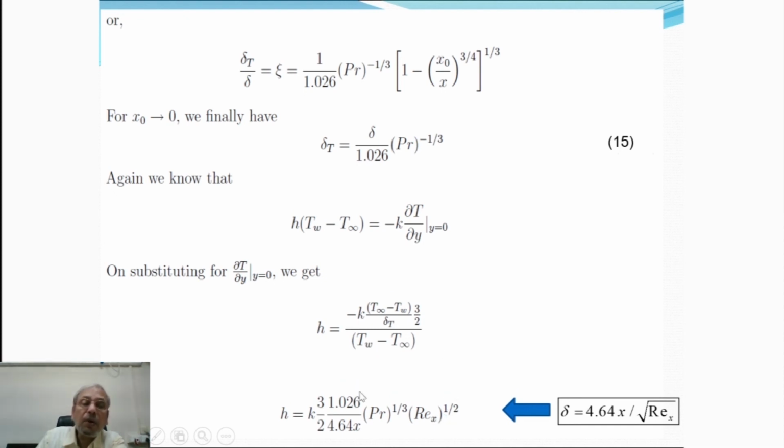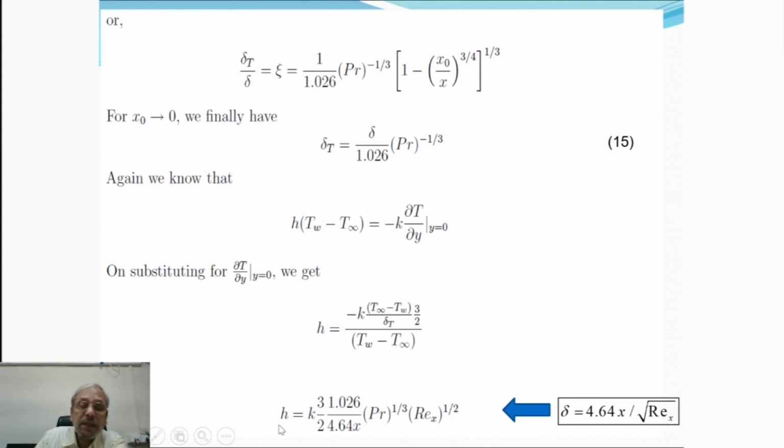So we have to substitute systematically, one after another. Delta T we have to replace by this quantity, delta by 1.026 Prandtl number to the power minus 1/3, and then we have to substitute delta by this quantity, 4.64 into x divided by root over Reynolds number based on x, root Rex.